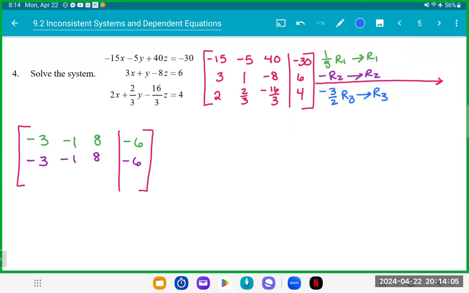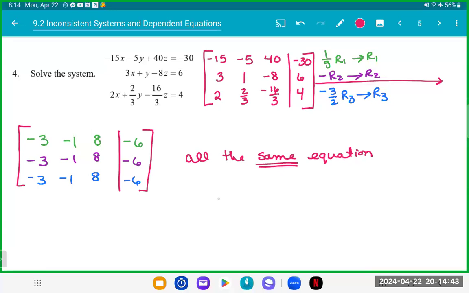When we multiply the bottom one by negative 3/2, we get negative 3, and 2/3 times negative 3/2 gives me a negative 1. This gives me a positive 8 and a negative 6. So you can see here that we have all the same equations. They're all the same, right?